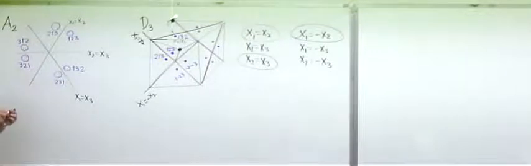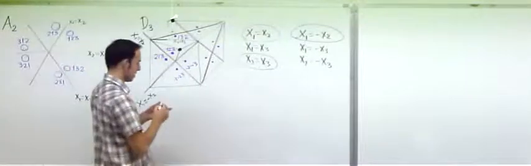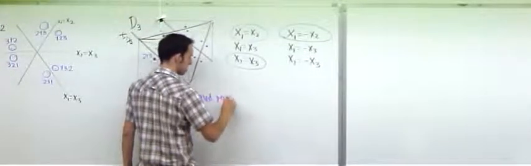And what exactly are they? They are the signed permutations of 1 up to n with an even number of minus signs.